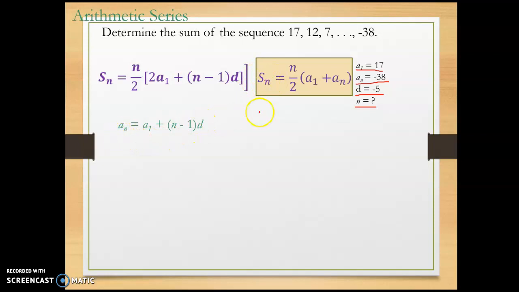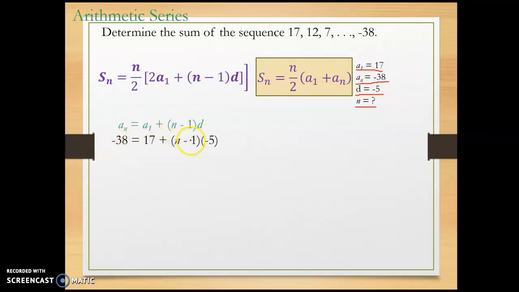So for us to solve for n here, we need to use the general term formula of an arithmetic sequence, right? So a sub n equals a sub 1 plus n minus 1 times d. The same values will be used. Whatever your a sub n is, place it here. A sub 1 is 17.